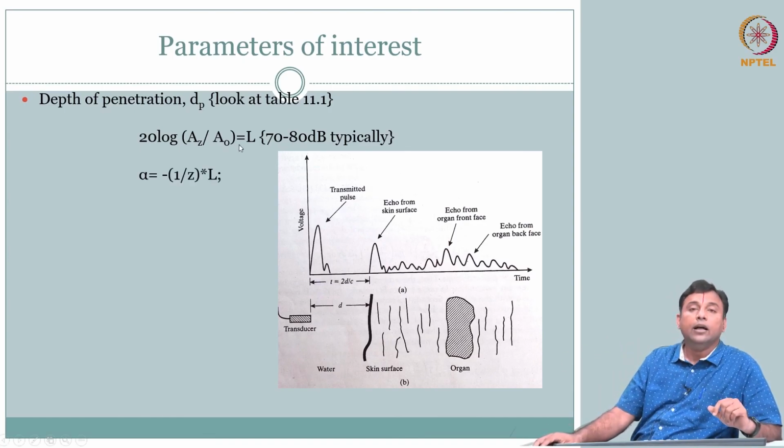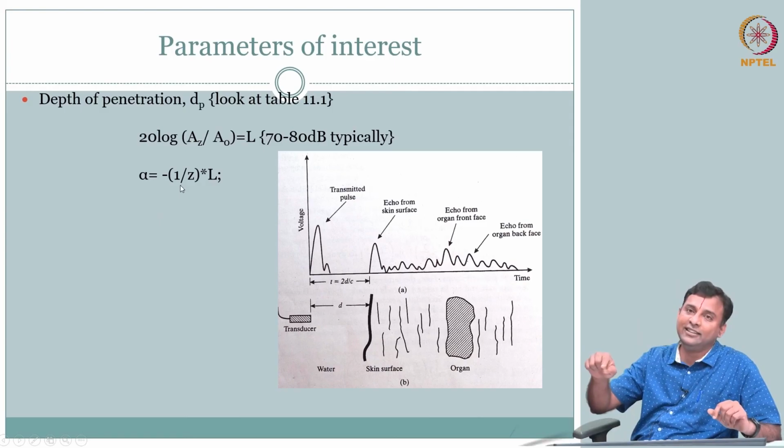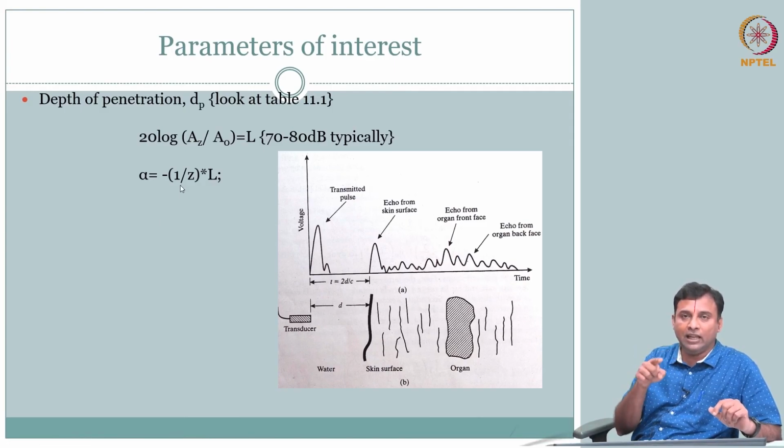So your loss, you remember this alpha that we talked about, the coefficient. Alpha Z is equal to the loss. Alpha is the coefficient, times Z is your alpha Z. So alpha equals minus 1 by Z times L. L is your threshold at which you are doing this.